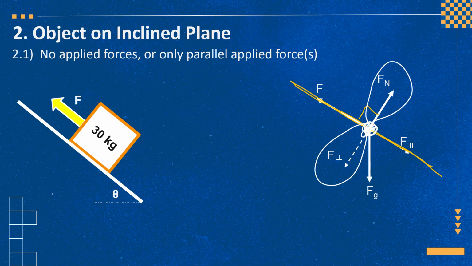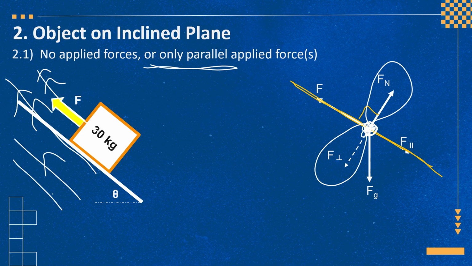So it doesn't matter whether you have no applied forces or if you have applied forces. If those applied forces are parallel with the surface, so if you look here on the left-hand side of the screen, parallel means it must be in line with the surface.